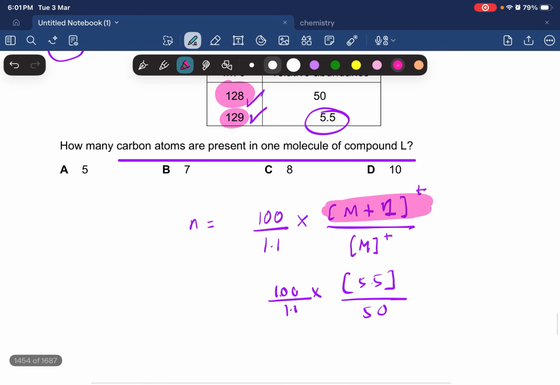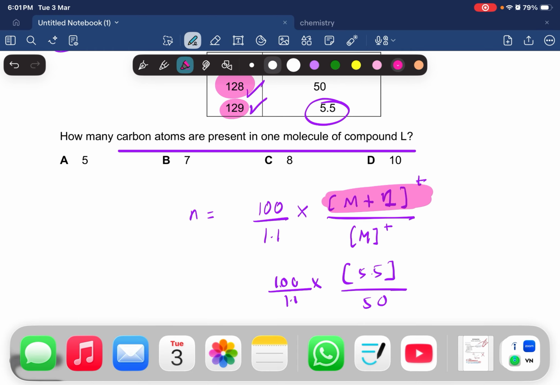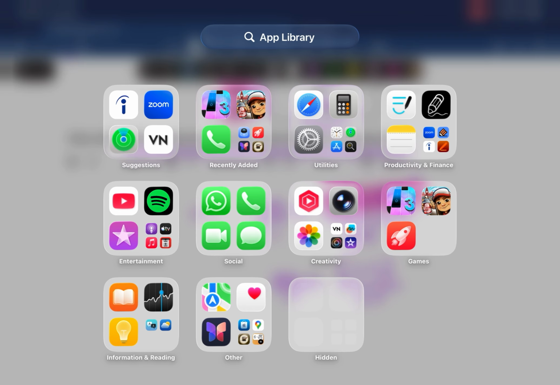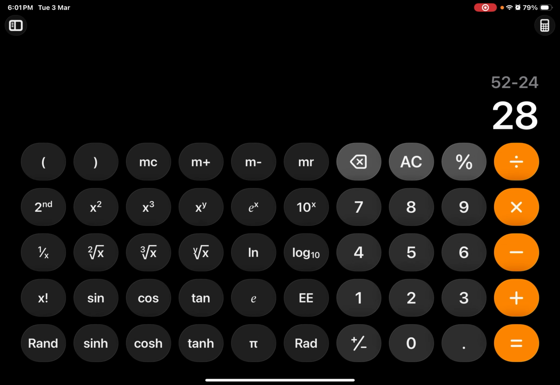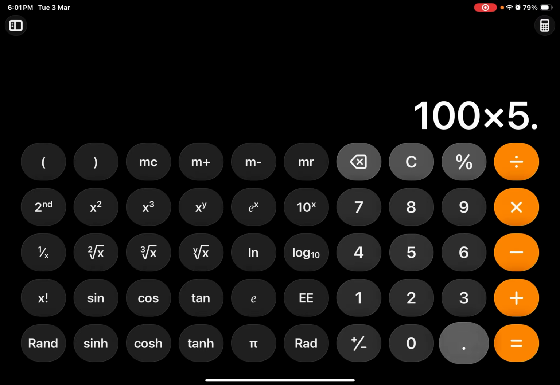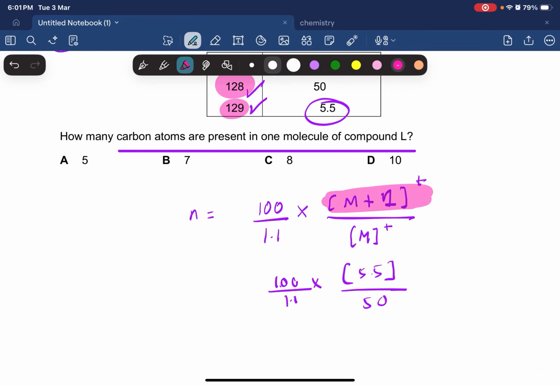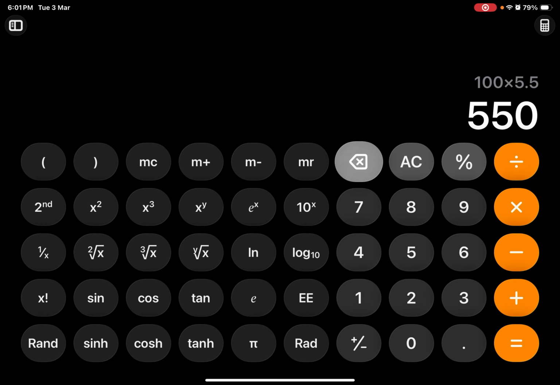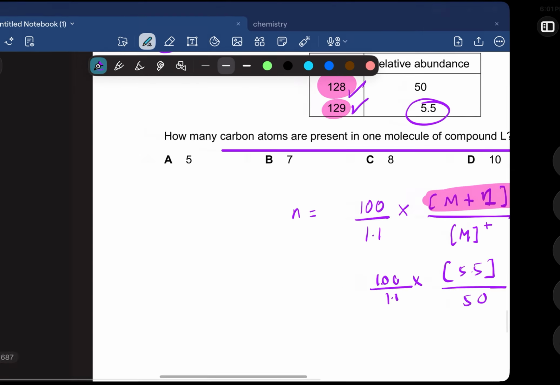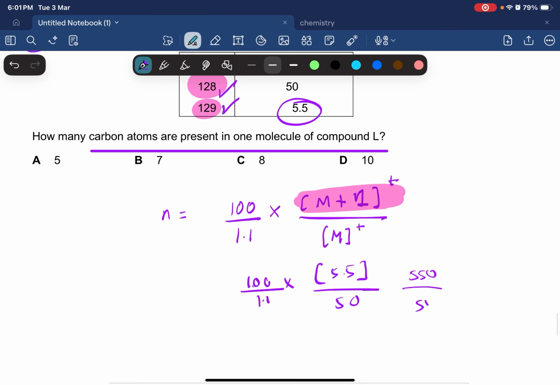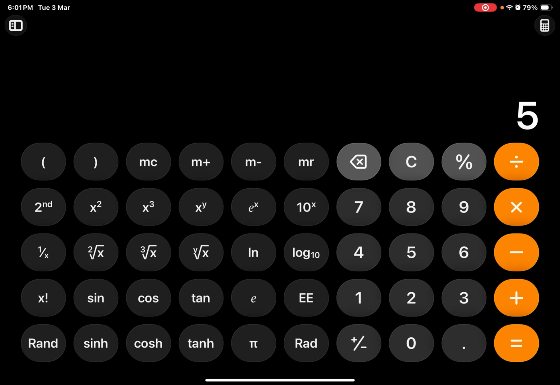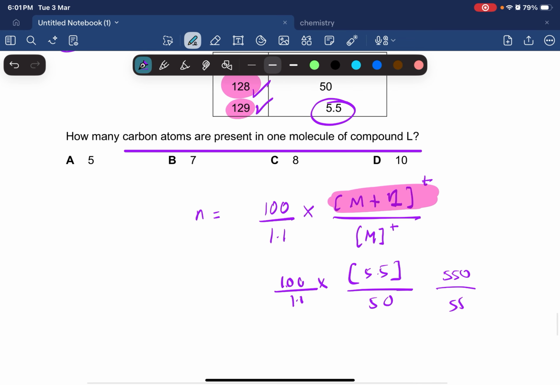Let's do it on the calculator. 100 into 5.5, we get 550. So 550 divided by 1.1 into 50, which is 55. So 550 divided by 55 gives me 10. So I have 10 carbon atoms.